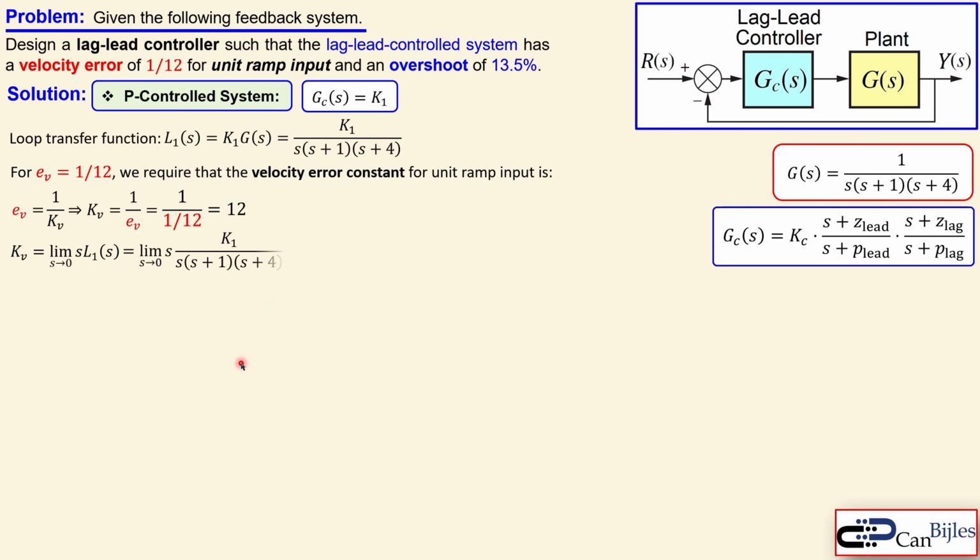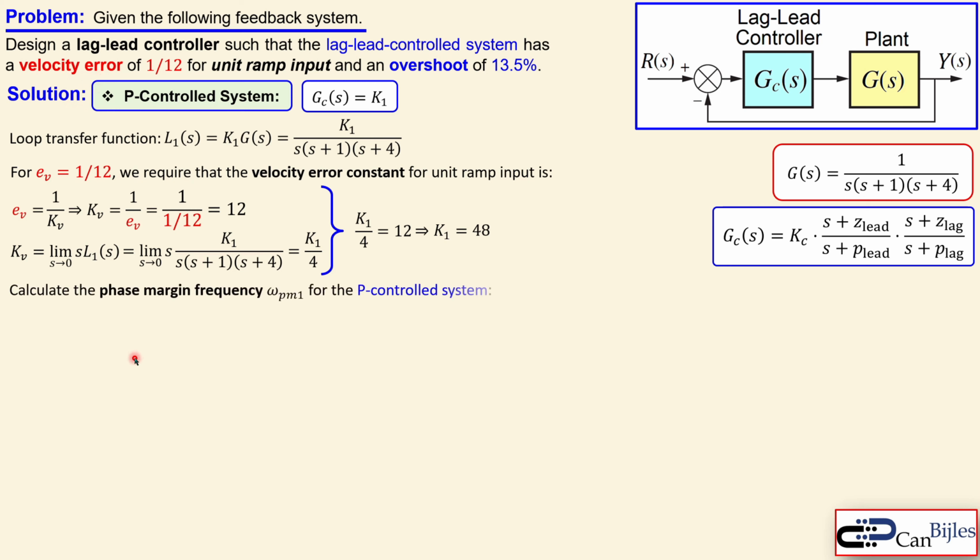Now when you do the calculation, you get K1 over 4, because the s and s will divide out. When you substitute 0 here, you get 1 times 4 in the denominator, so you get K1 over 4. That must be equal to 12. So that means K1 must be 48. This is now just a specification for our velocity error condition.